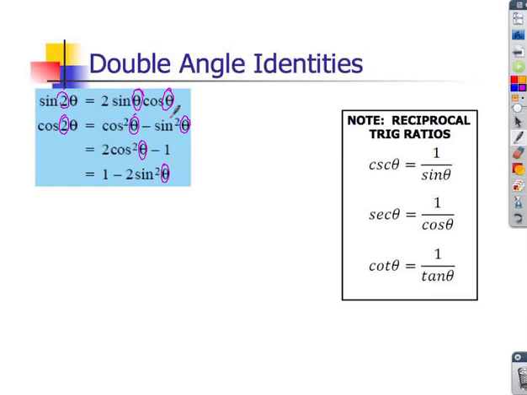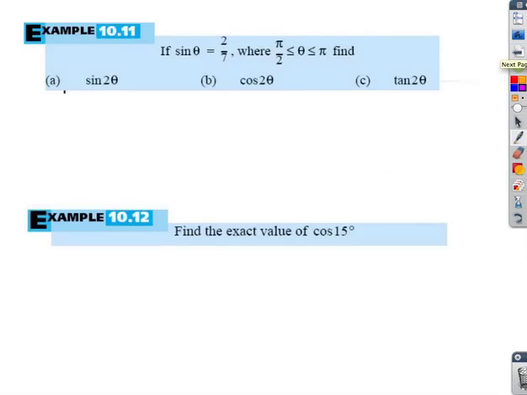Now what we'll do is we'll try a couple more examples, okay, with this. So here we go. Again, now we're given sine theta is equal to 2/7, and we're told that it's between pi over 2 and pi. So again, what we need to do is locate it, okay? It's going to be probably something like this, all right?